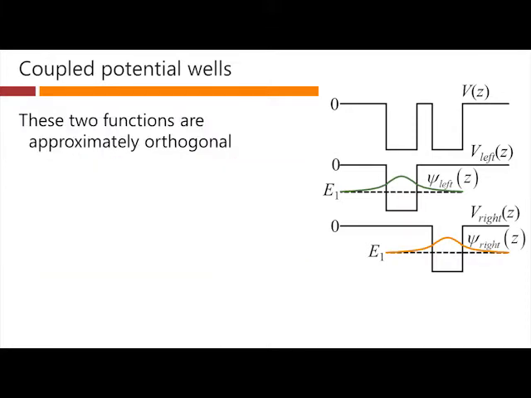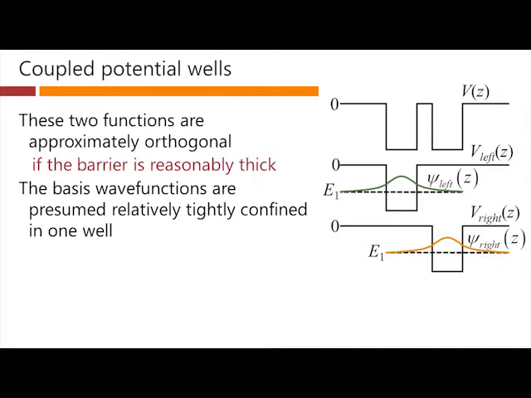Now, these two functions are approximately orthogonal if the barrier is reasonably thick. That is, we're presuming that each wave function is relatively tightly confined within its own well, and with little leakage over into the adjacent well.